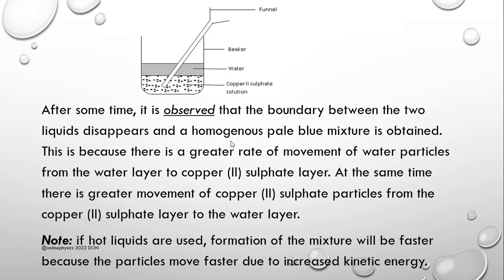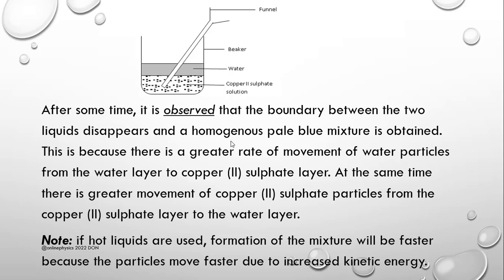So we are having diffusion from the copper 2 sulfate solution side. It is diffusing to the water, and then water, which is highly concentrated up here, is diffusing to the copper 2 sulfate solution. So we are having a homogeneous pale blue mixture at the end of the day, because now they would have diffused into each other and we'll be having a uniform solution.